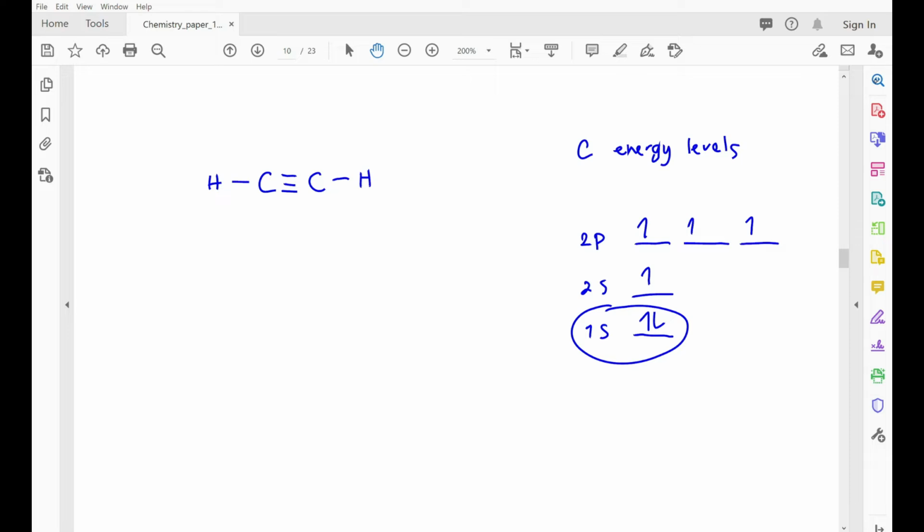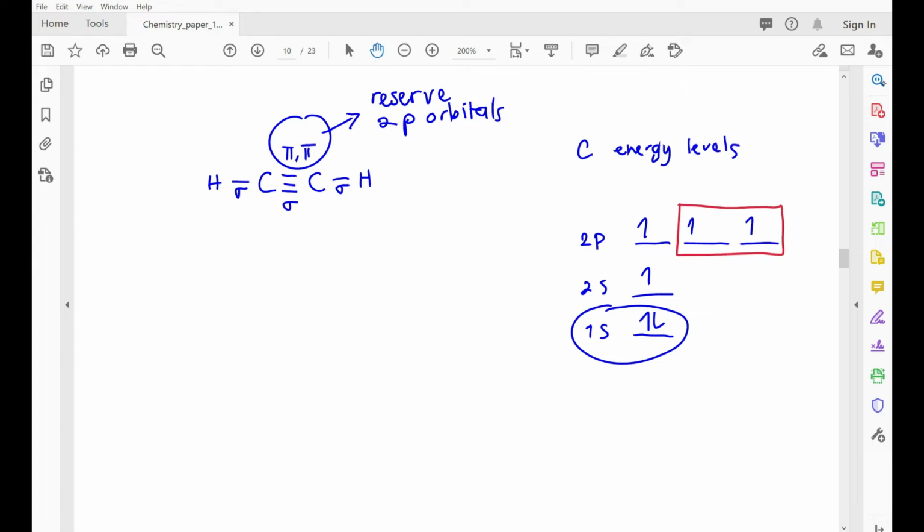But to form a triple bond like this, carbon needs to reserve 2p orbitals to form the 2 pi bonds. What does it mean? It means that these 2p orbitals will not hybridize. Whereas these 2 orbitals will hybridize.